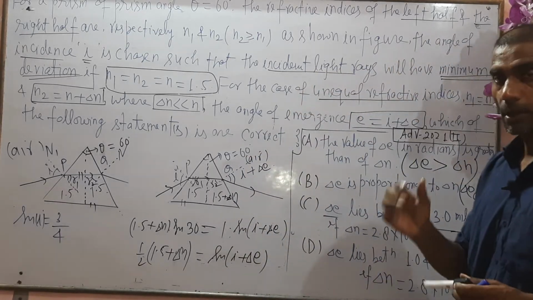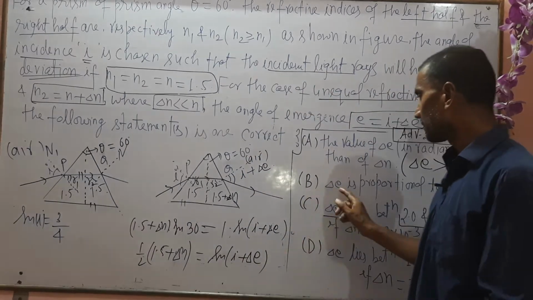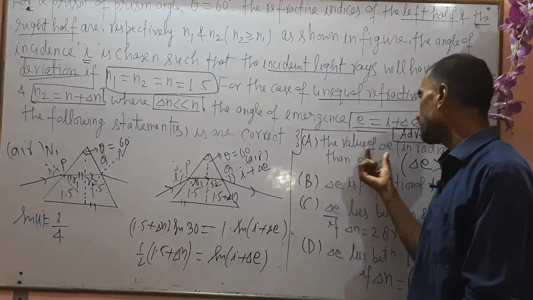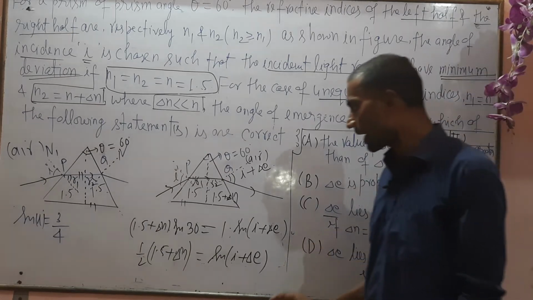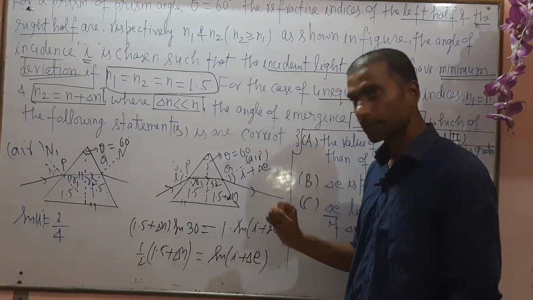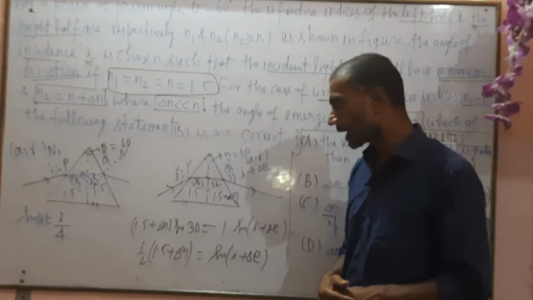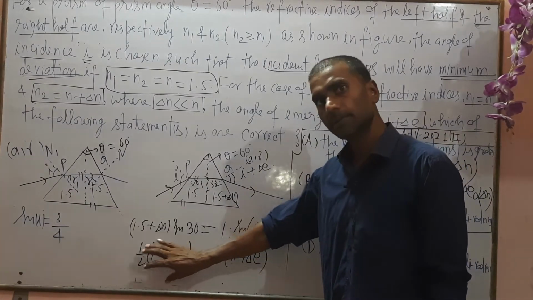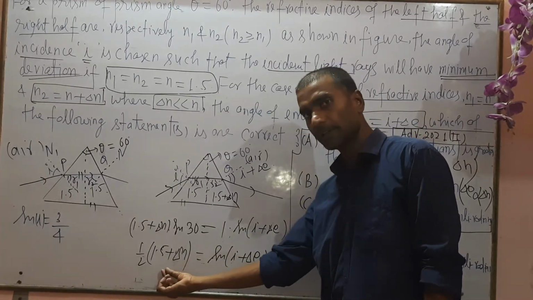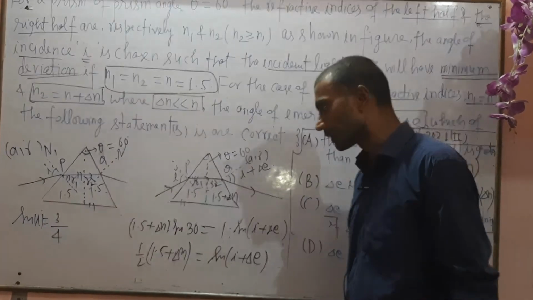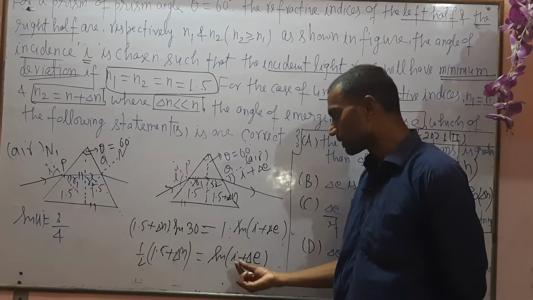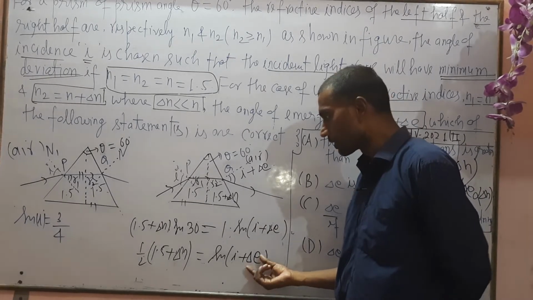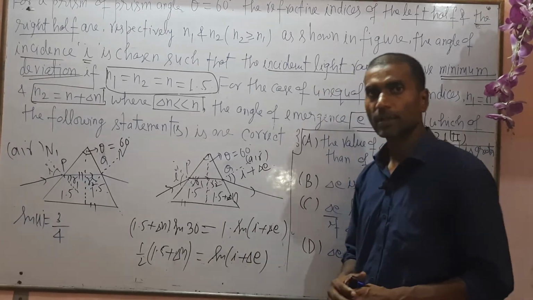Now try to solve for a relation between delta E and delta n, since all the questions relate delta E and delta n. On the left-hand side delta n is the unknown quantity; on the right-hand side I is the known angle and delta E is unknown.